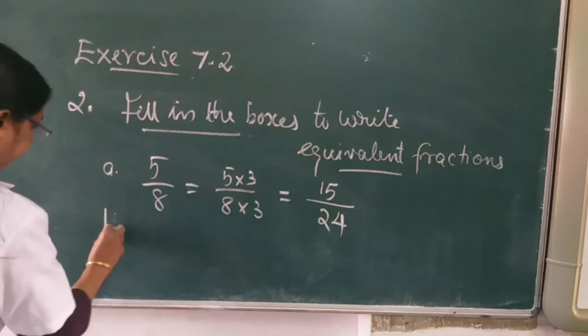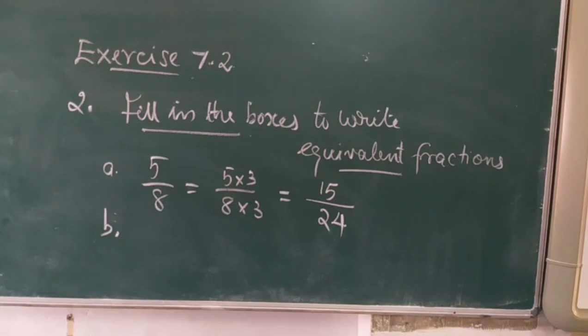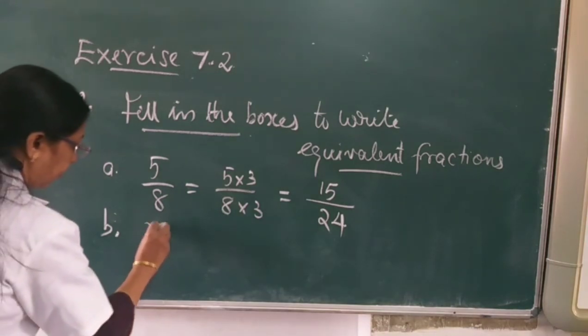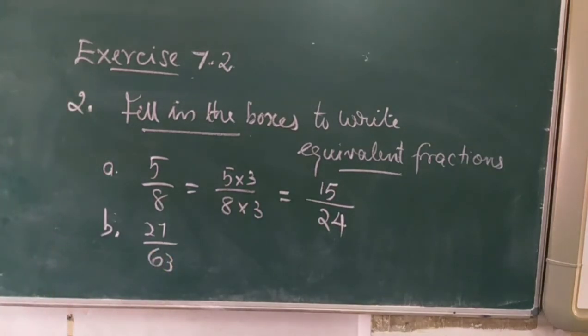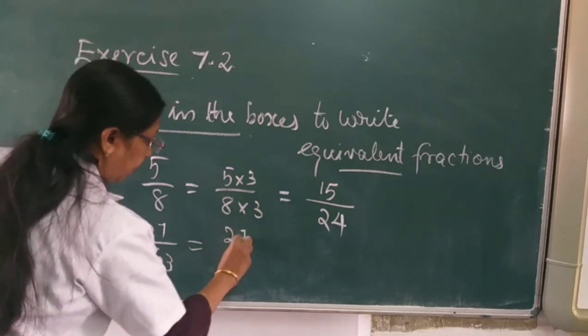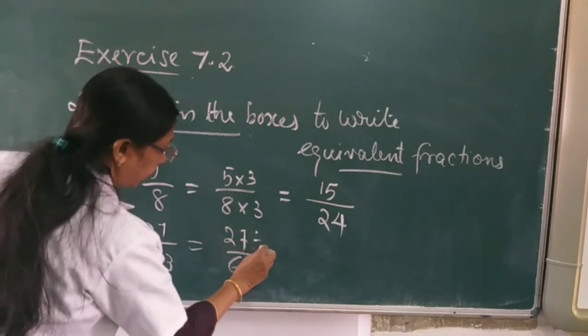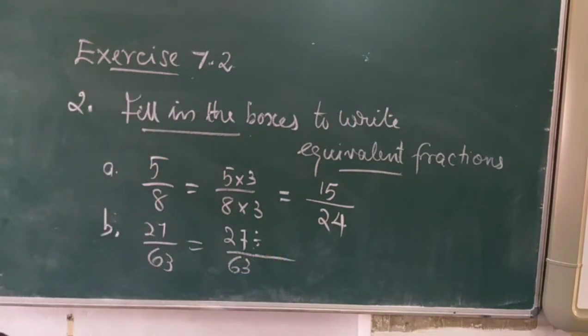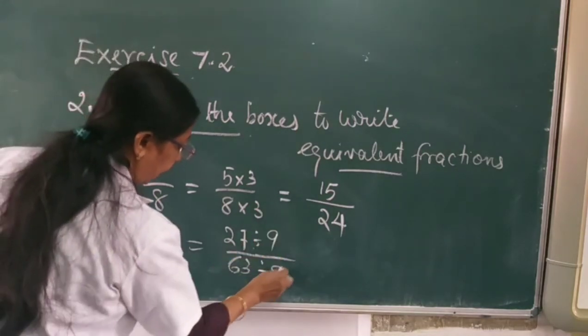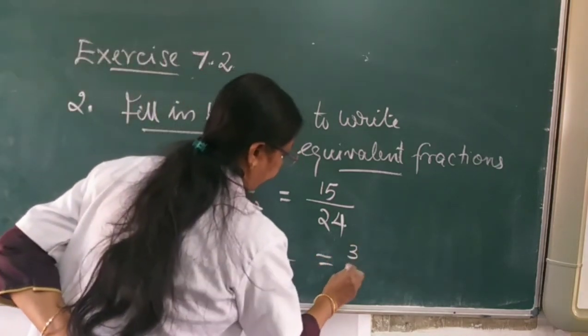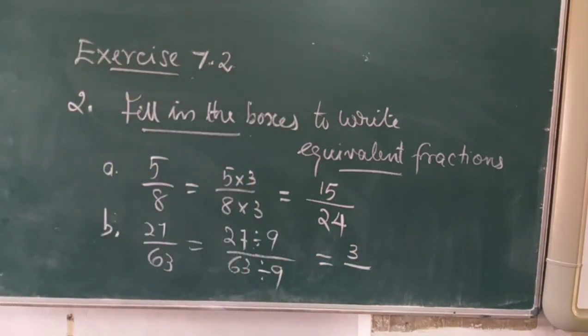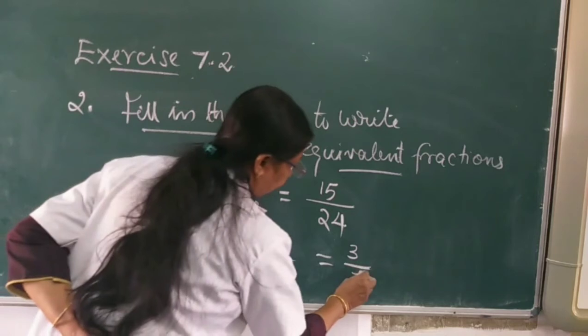Now the second question. What is that number? 27 by 63 is equal to 27 divided by 9, and here also divided by 9. How many times? 27 divided by 9 is 3. 63 divided by 9 is 7 times.